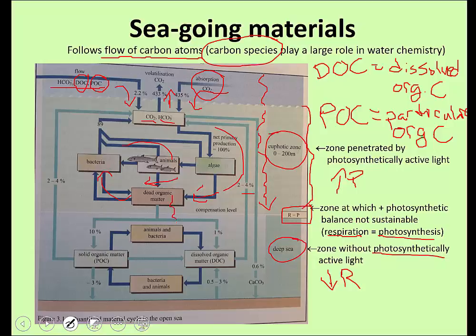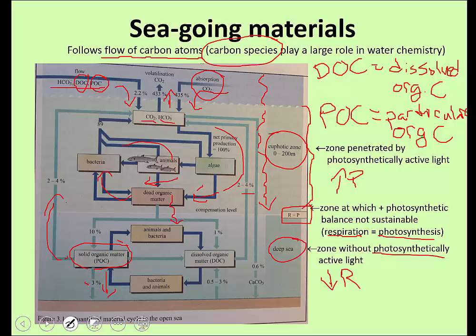So the dead organic matter is falling to the bottom of this large body of water. Okay. And now some of it is going to get incorporated as the particulate organic carbon, so solid organic matter. A little bit of it just falls out, so you lose about 3% completely. Some of it cycles back up.